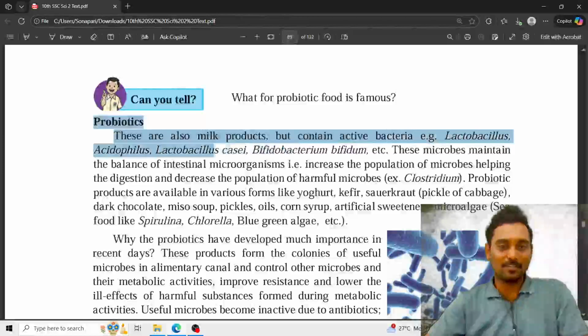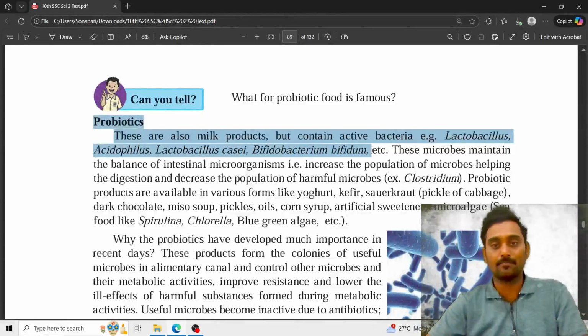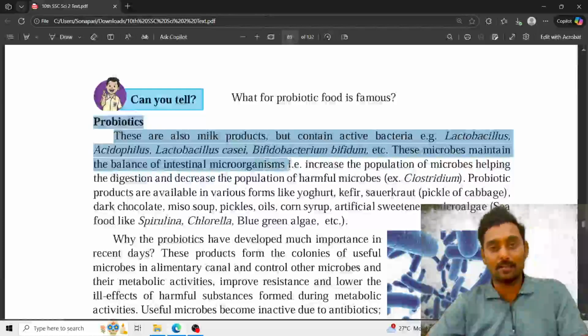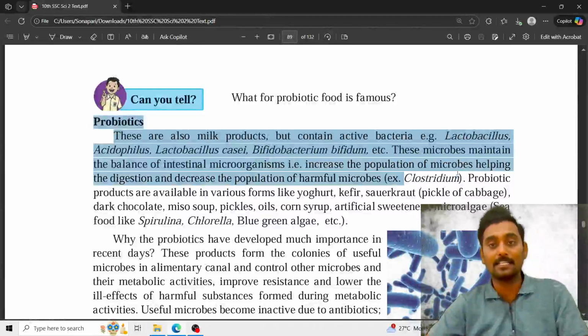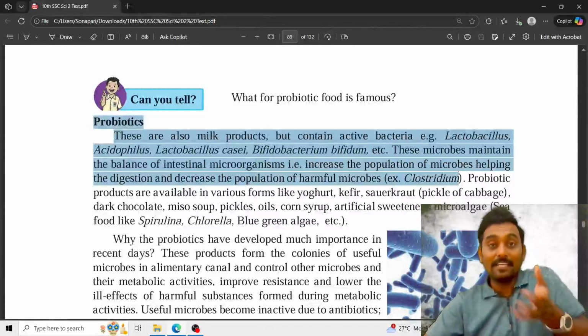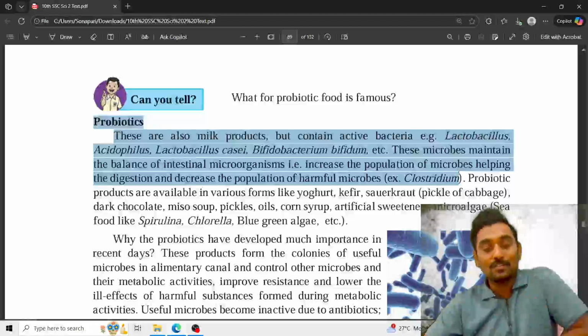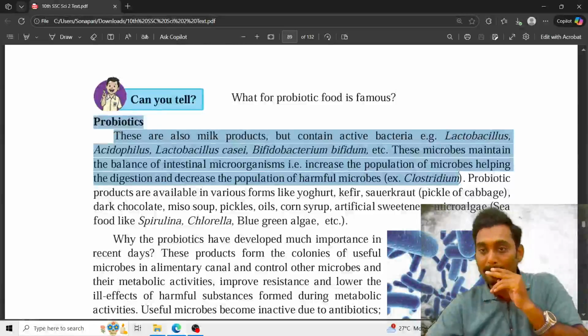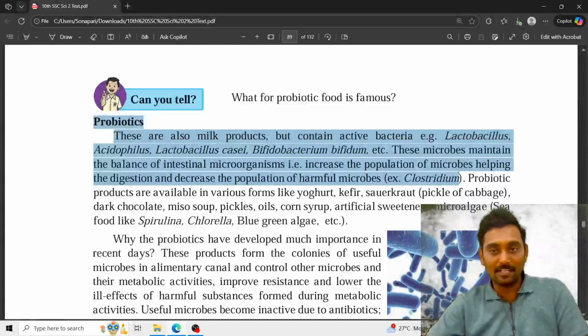For example, Lactobacillus acidophilus, Lactobacillus casei, Bifidobacterium bifidum are examples of bacteria used inside probiotics. So these microorganisms maintain the balance of essential microorganisms. They increase the good bacteria population, which should be in our intestine, in our gut or in our stomach.